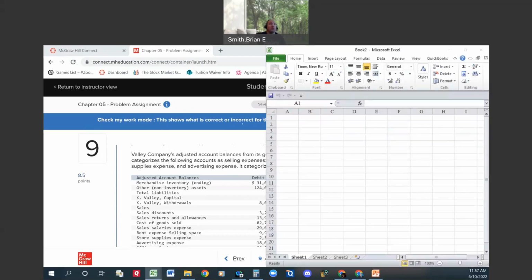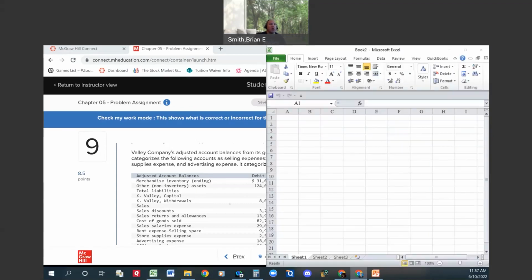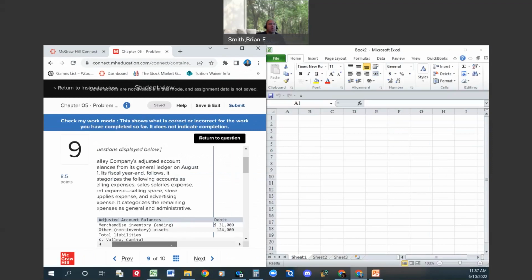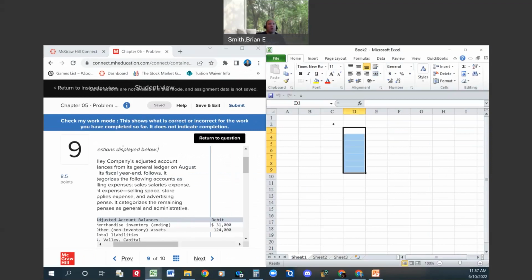Okay, so let's do this. I'm splitting it out, and I'm going to do this in a T account. Oops, let's do it right here first. Because I love T accounts. I just don't like drawing them, I guess. There. All right. So our ending balance is 31,000.